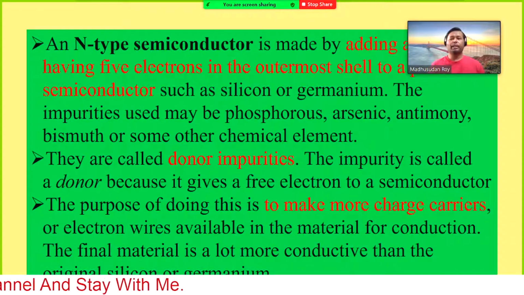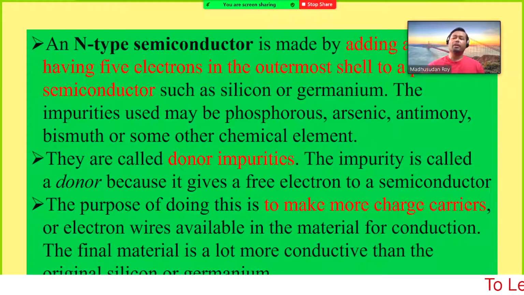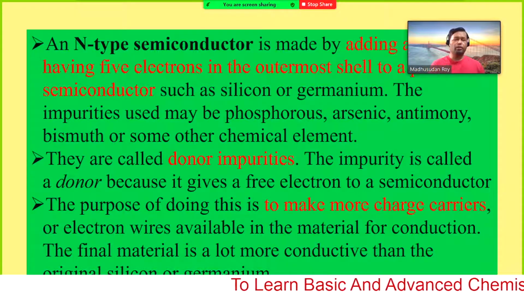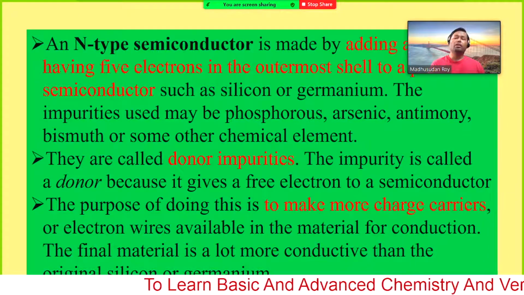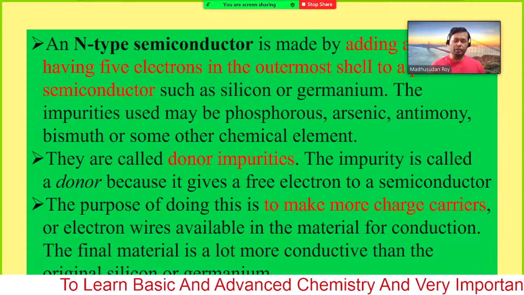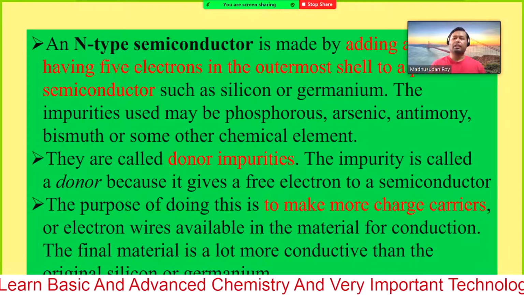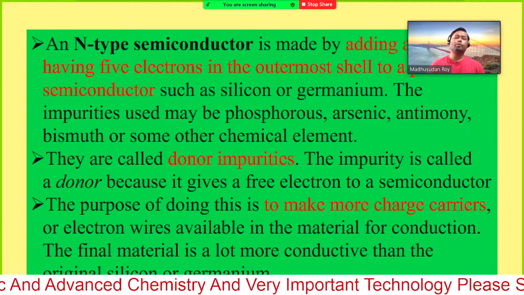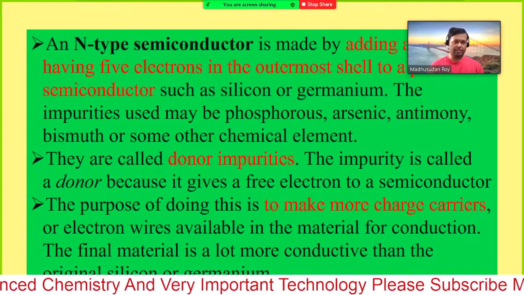The impurity is called a donor because it gives a free electron to a semiconductor. So it has 5 electrons, and it can donate one extra electron to the nearby atoms, so it is considered a donor impurity. The purpose of doping is to make more charge carriers.